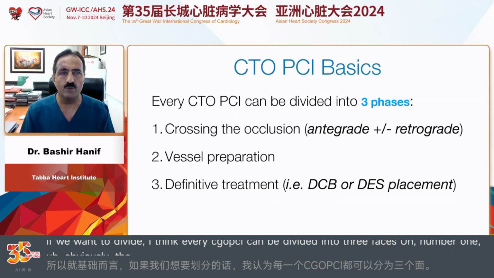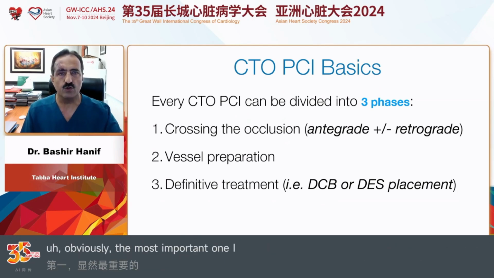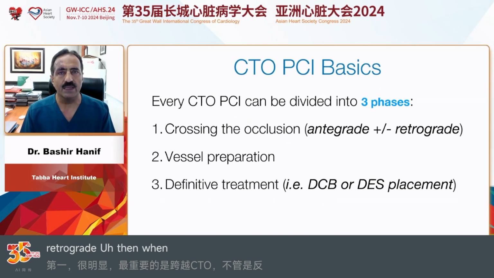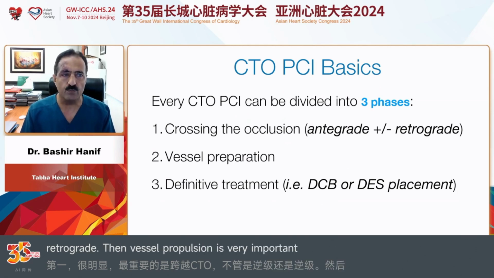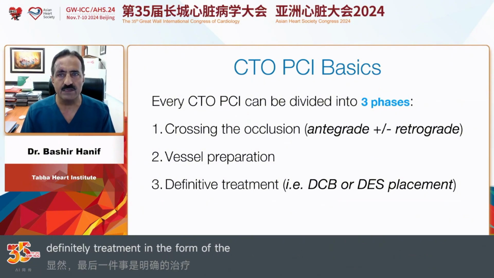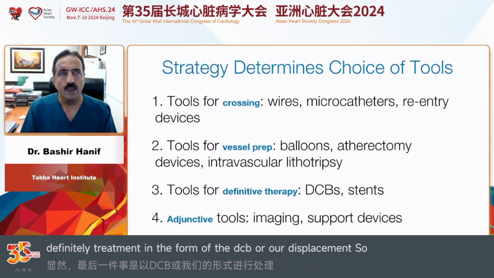Number one, the most important, is crossing the CTO, whether antegrade or retrograde. Then vessel preparation is very important. And lastly, the definitive treatment in the form of either DCB or stent placement.